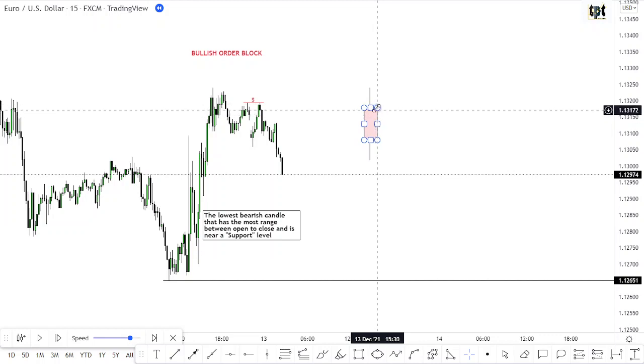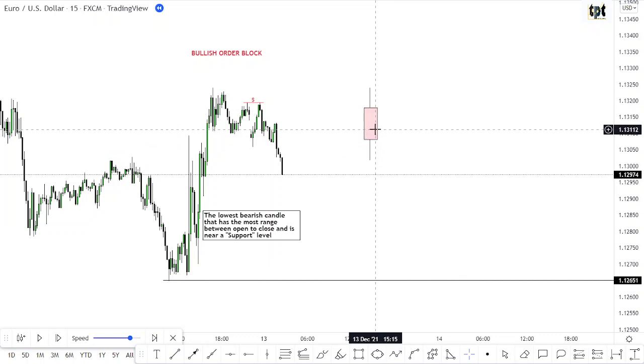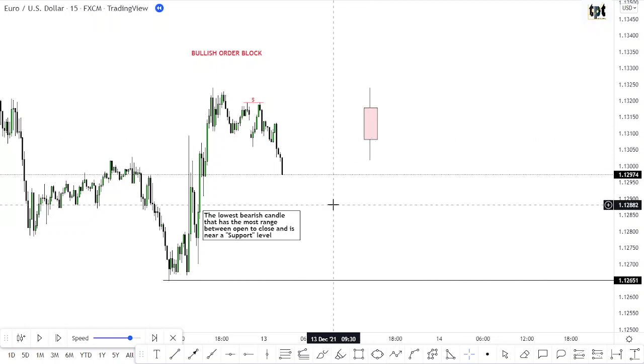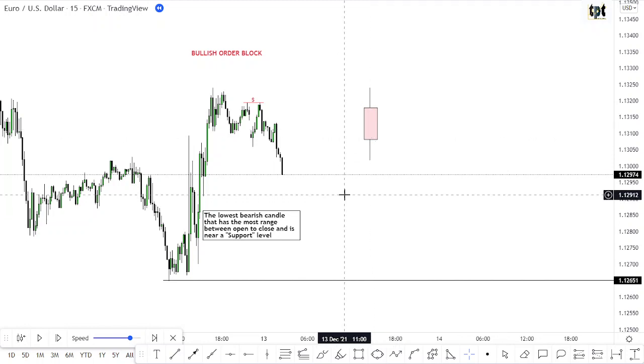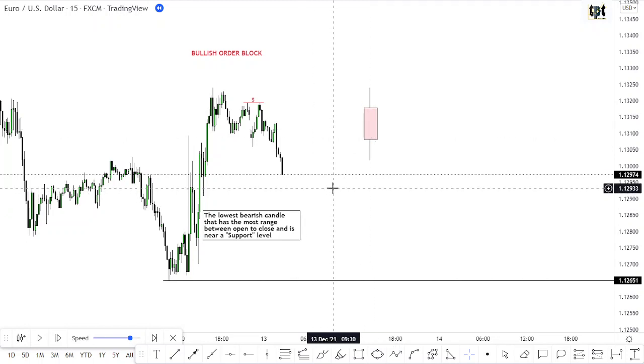At least the most range, I mean the body of the candle must be conspicuous and at least be bigger enough for it to qualify as a bearish candle, which is the bullish order block. And it is suited or should be based near a support level, at least to qualify for a better order block. Now, you're wondering why order block, so the bullish order block for this particular case, because this video was meant to be about the bullish order block.